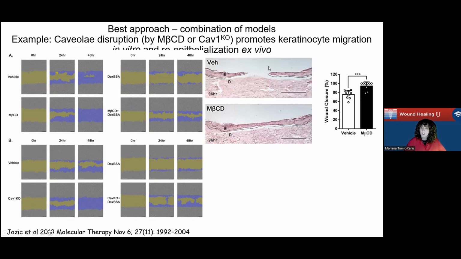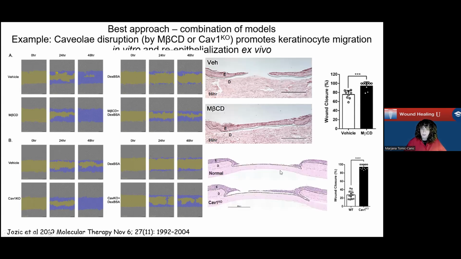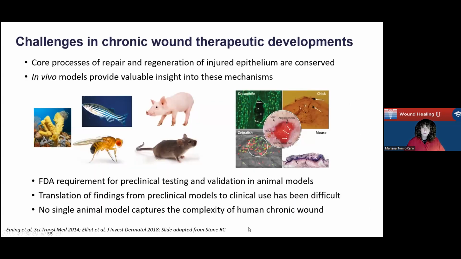And then, of course, we tested it with ex vivo treatments or generated organotypic cultures with caveolin knockout, showing stimulation of migration in both ways. So again, multiple different models, initiated by findings from the patient samples and then looking specifically at that mechanistic aspect and showing it in multiple different models.